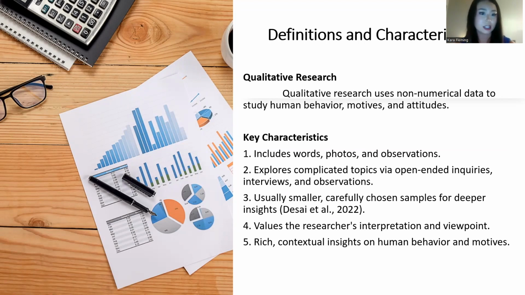The key characteristics include words, photos, and observations, exploring complicated topics via open-ended inquiries, interviews, and observations, usually smaller, carefully chosen samples for deeper insights, such as focus groups, valuing the researcher's interpretation and viewpoint, and rich contextual insights on human behavior and motives.